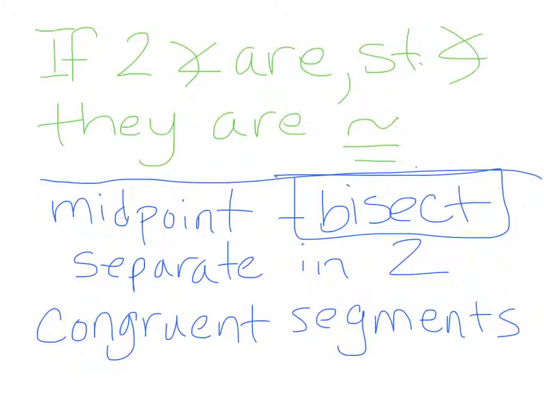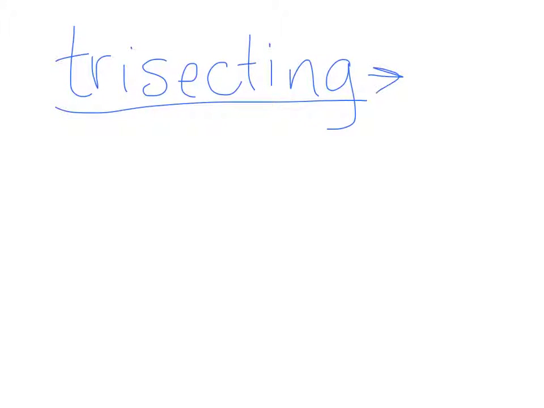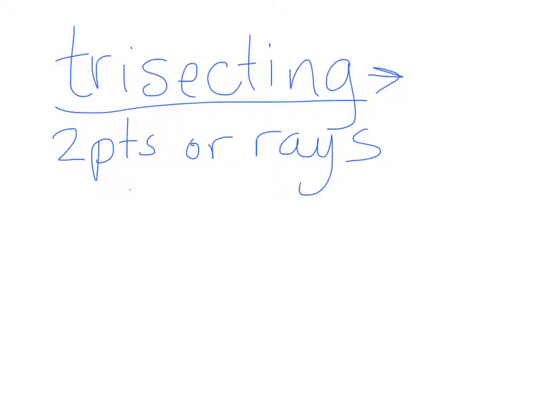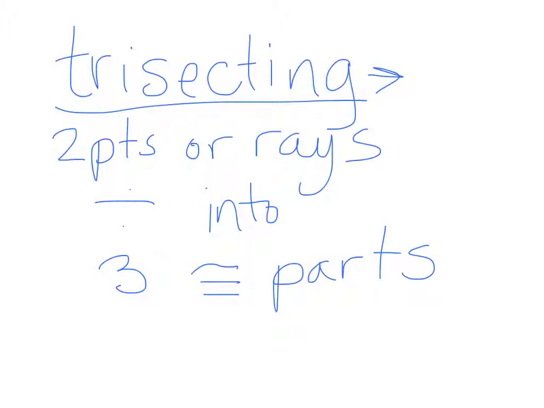What about trisecting? What is trisecting? Trisecting is when two points or rays divide a segment or angle into three congruent parts. Exactly. So is the converse also true?